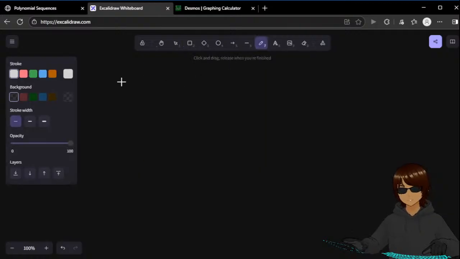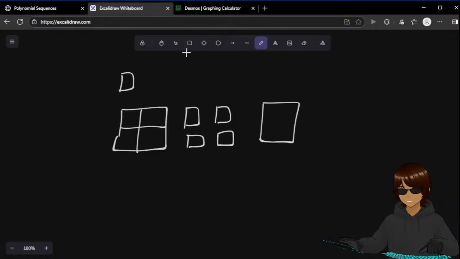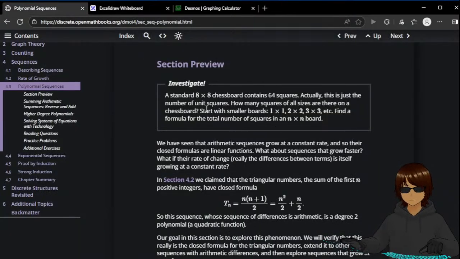So on a 1 by 1 chessboard, you just have one. On a 2 by 2 chessboard, you have 1, 2, 3, 4, and then 5. They're only talking about squares, right?